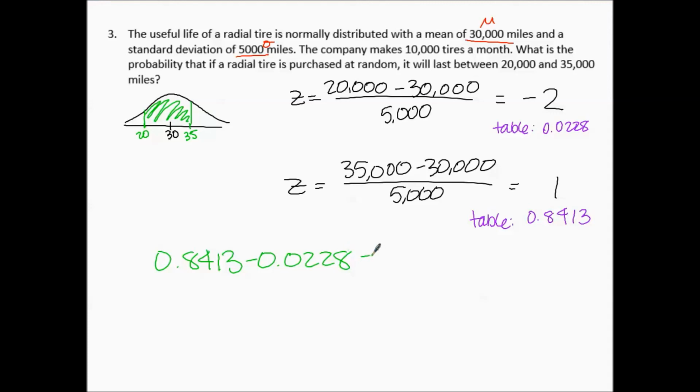And that gives me 0.8185. Since the problem asks for the probability, I'm going to leave my answer as a decimal. If it asked for a percentage, I would change it to a percent.